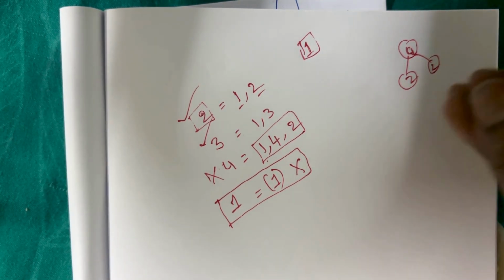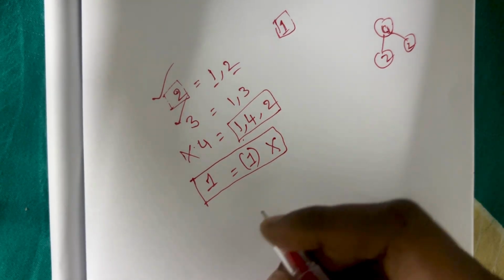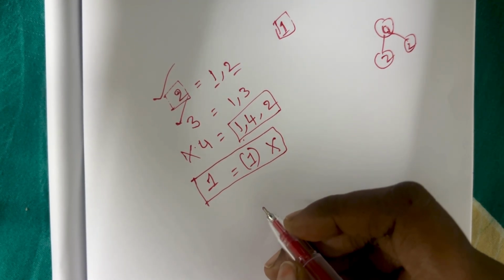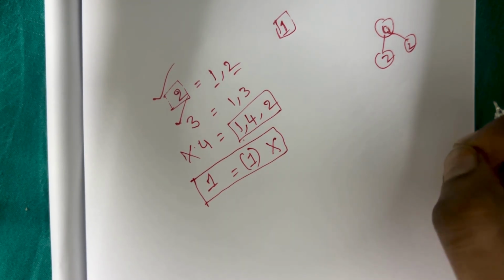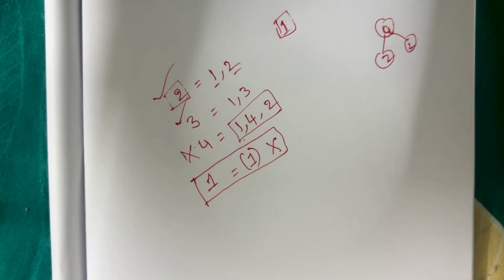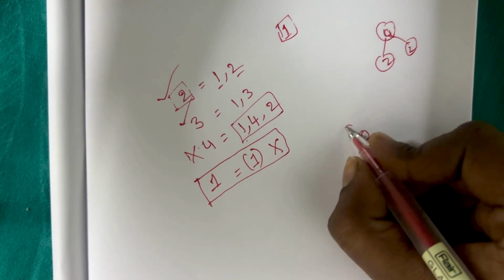Now the actual main reason that troubled mathematicians and made them take 1 out of the list is prime factorization. Prime factorization is identifying the factors of a given number until we identify all the prime factors. For example, let's take the number 100.